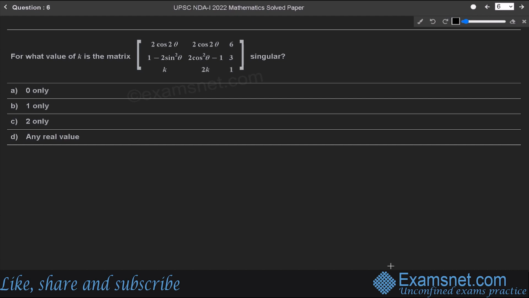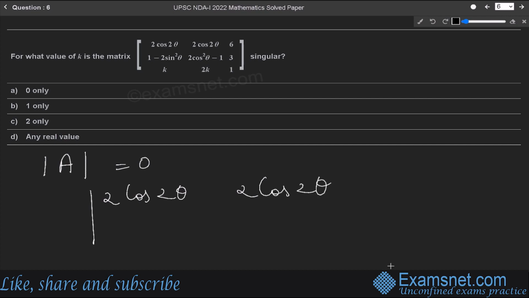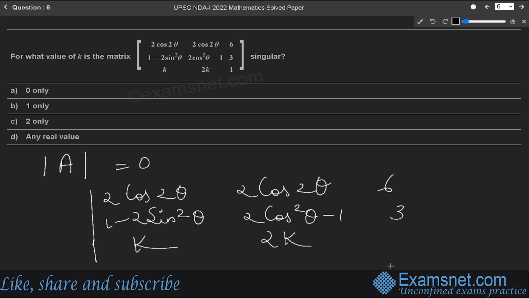We know that when the determinant of any matrix, let us say A, is 0, then it is singular.